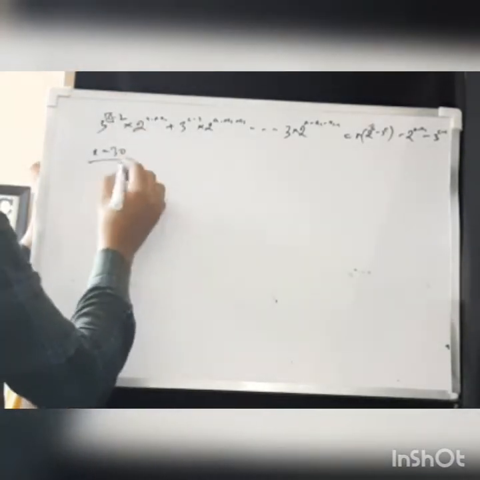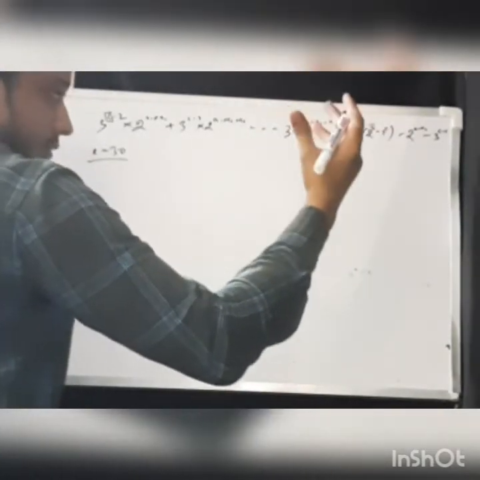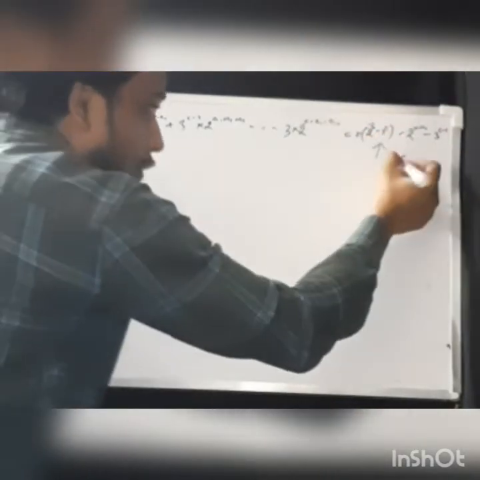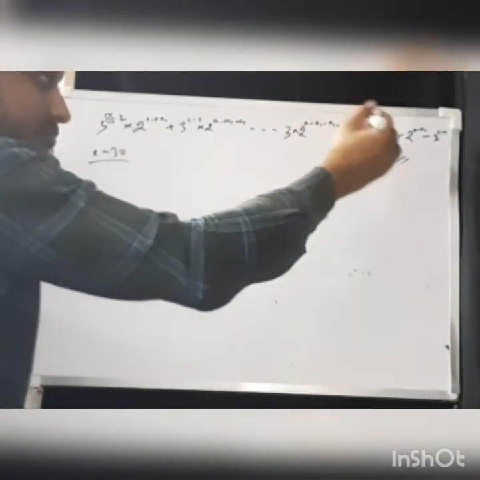So what you will find is that if I take x equal to 30, we know that this has to be positive, it cannot be negative, because we are going to end up at the same number, which is n, and n is a positive number.